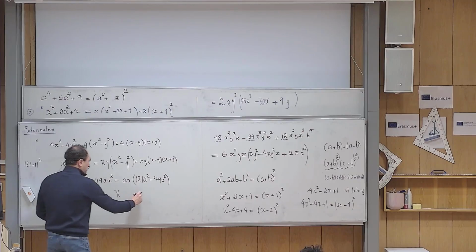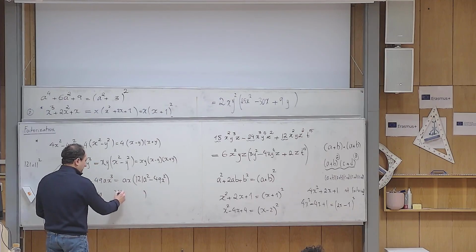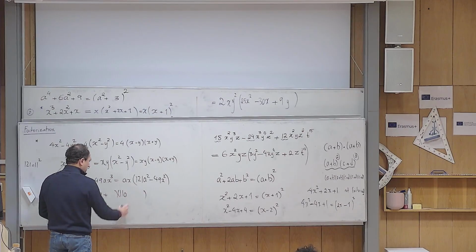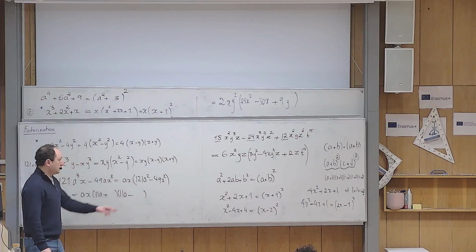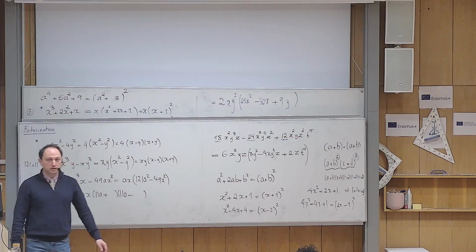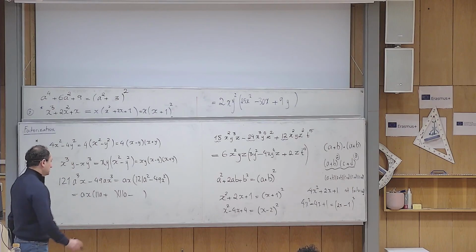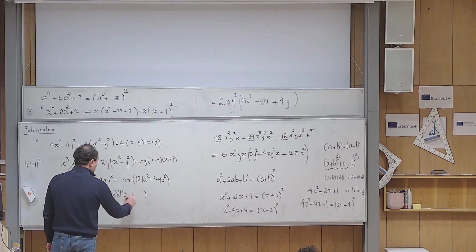So I open two pairs of brackets, 11a here, 11a there, one with plus, one with minus. And is there something to the power of 2 that becomes 49x squared? Yes, what's that? 7x. That is the way.